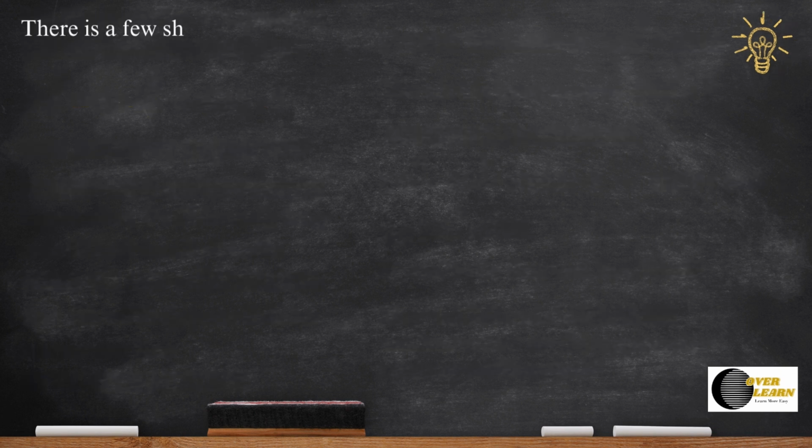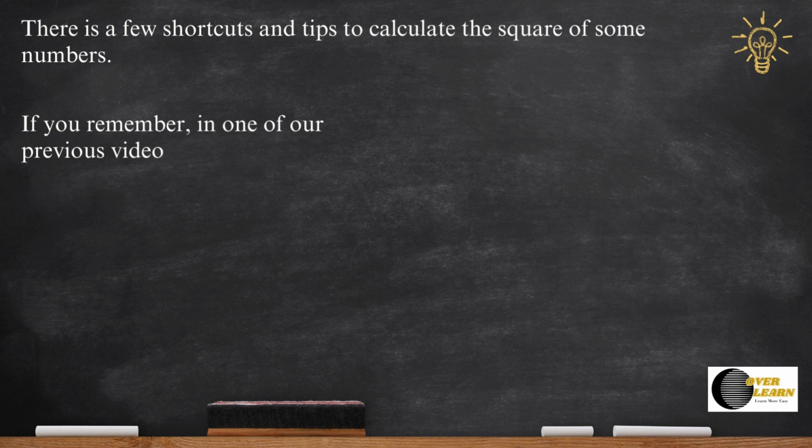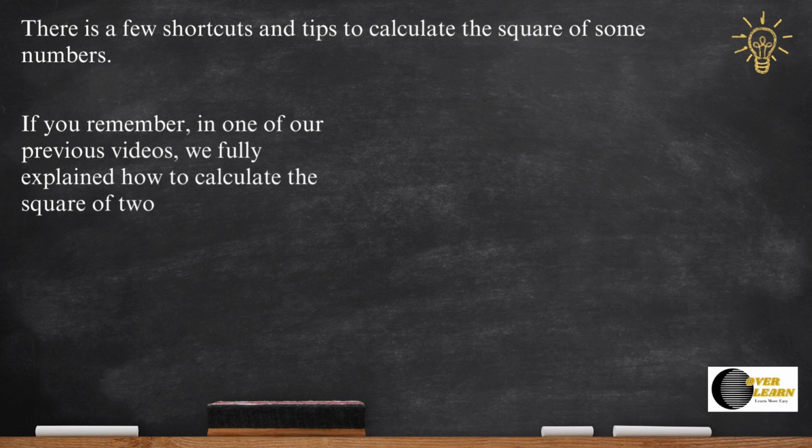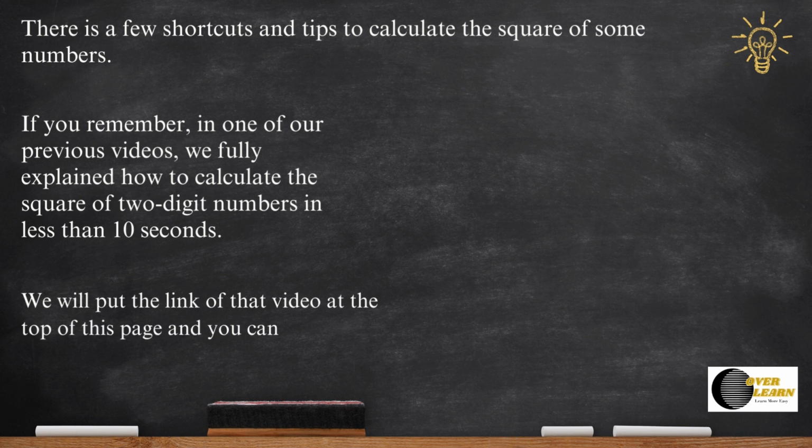There are a few shortcuts and tips to calculate the square of some numbers. If you remember, in one of our previous videos, we fully explained how to calculate the square of two-digit numbers in less than 10 seconds. We will put the link of that video at the top of this page and you can watch that if you need.